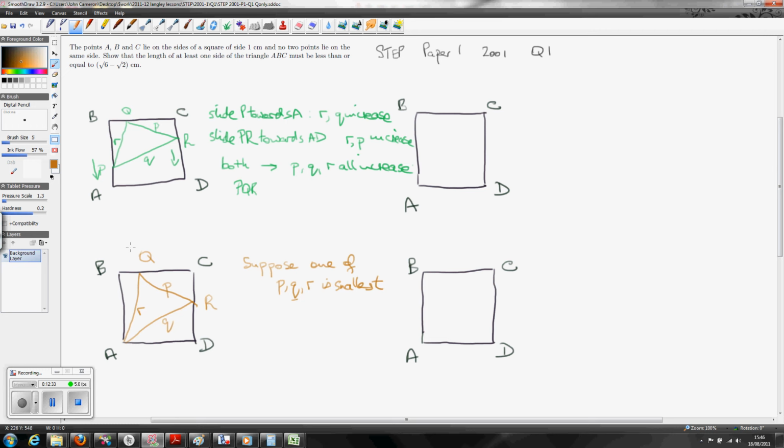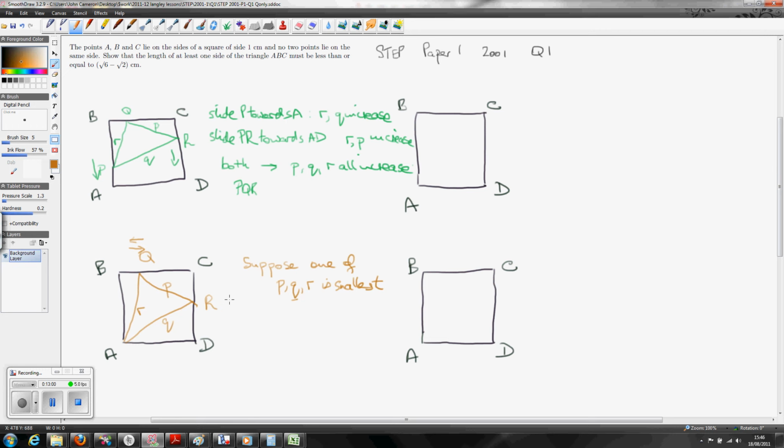And I just want to show that if we slide Q towards C, then if r was the smallest, r would get bigger. On the other hand, if p was the smallest, if we slide Q in the opposite direction, then p will get bigger. Now, of course, r is getting smaller, but p can get a little bit bigger while still being smaller than r.